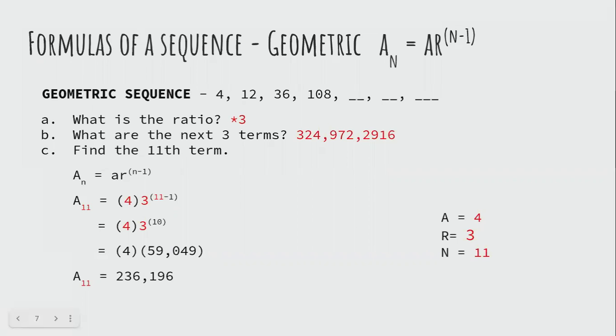And then it came down to just doing a little bit of math. We had a subtraction here because the exponent goes first and it is in parentheses, so we found that first. Then order of operations says parentheses, exponents. So we did the exponent and we got 59,049, and then we multiplied. So that's how we got 236,196, and that would be the 11th term of this geometric sequence.